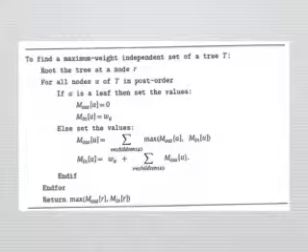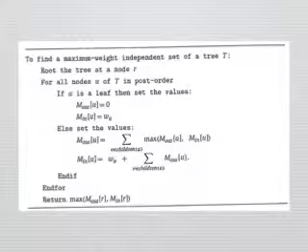To find a maximum weight independent set of a tree T, root the tree at a node R. For all nodes U of T in post order, if U is a leaf, then set the values M_out[U] equals 0 and M_in[U] equals WU. Else, set the values M_out[U] equals the sum of the maximum of M_out[V] and M_in[V], summing over all V in children(U), and M_in[U] equals WU plus the sum of M_out[V], summing over all V in children(U).